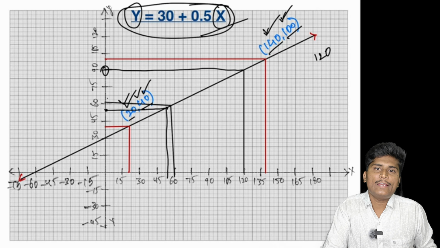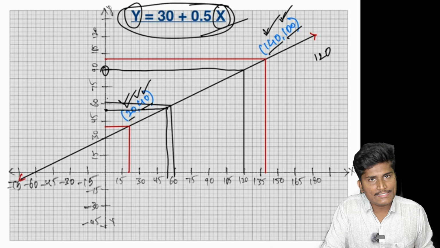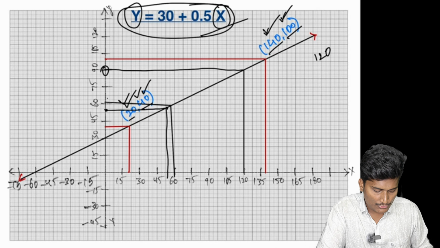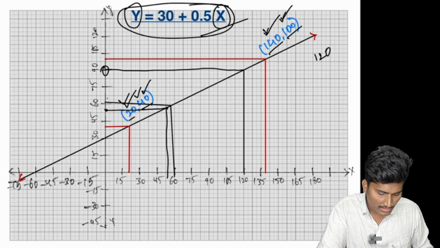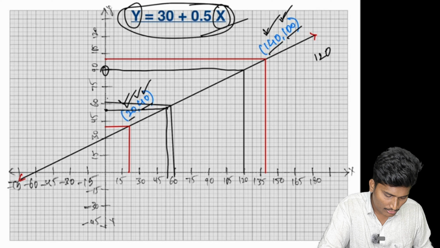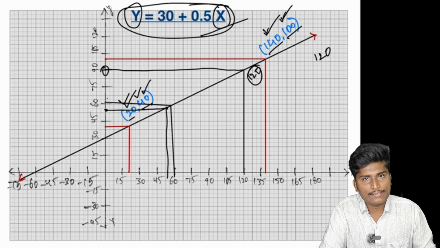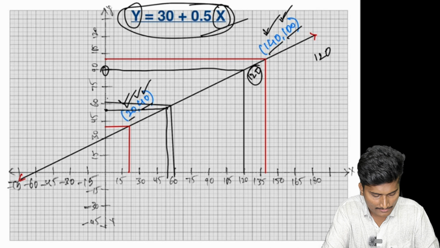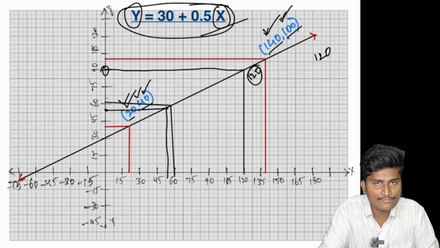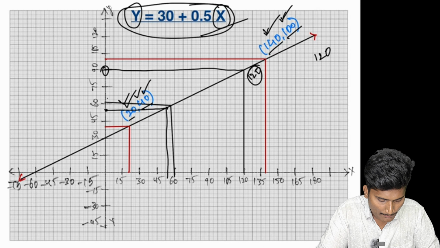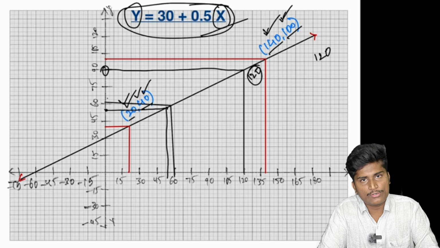That is, you will be able to visualize each and every possible outcome of the problem. For example, here, you are able to visualize how many marks you are going to get if you studied for 120 hours without even calculating the value by substituting values in the equation. Every possible outcome, you can visualize it here.